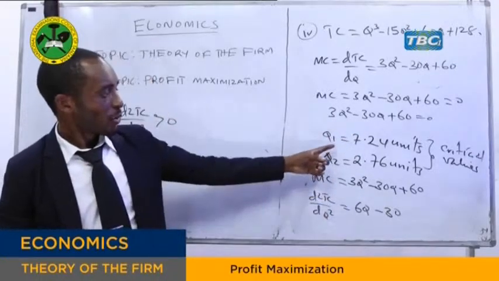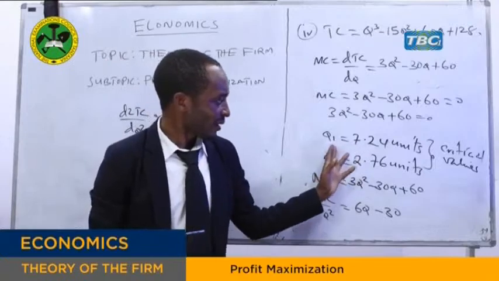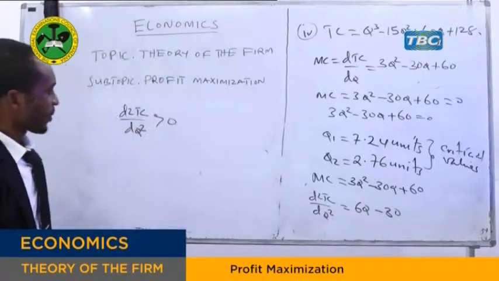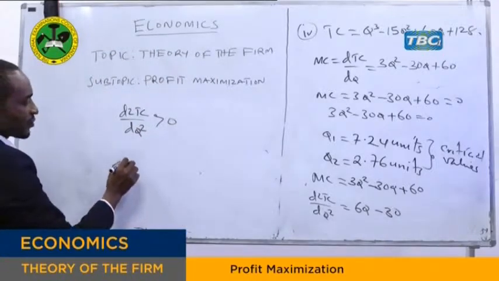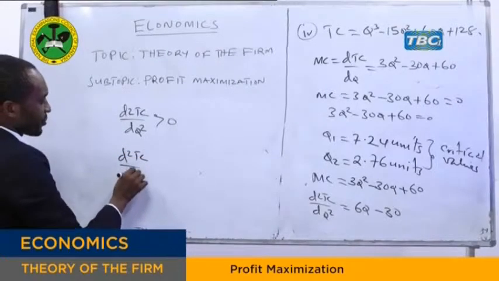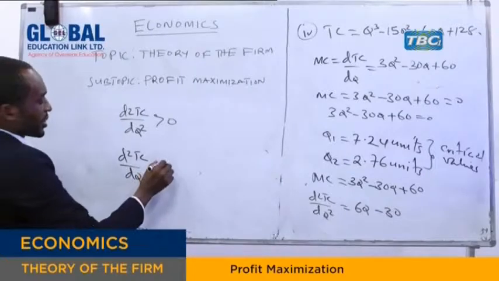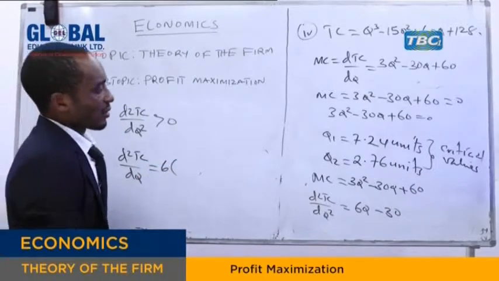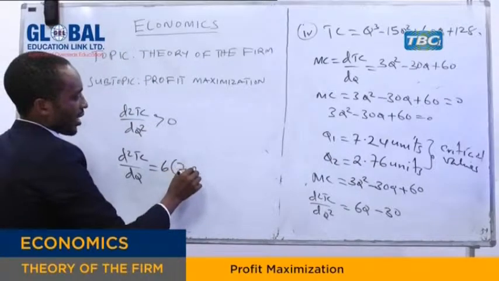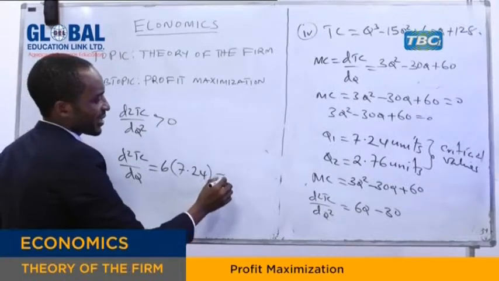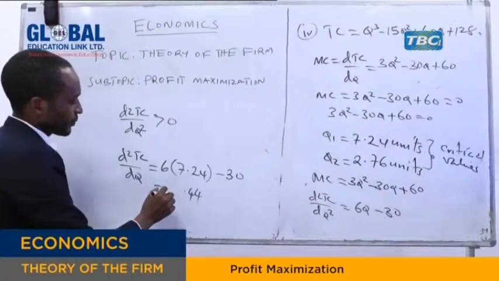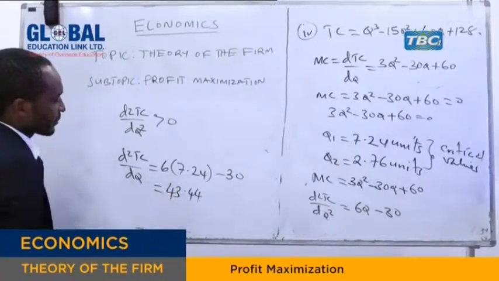So you can substitute these values in this equation. For case 1, d square TC over dQ square will be equal to 6 times, let us start with Q1, which is 7.24, then you minus 30. So 6 times 7.24 is 43.